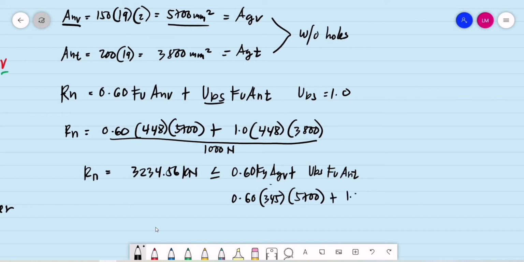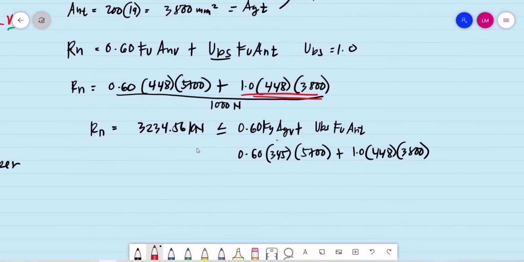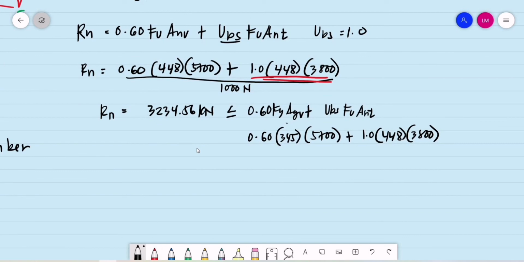Plus Ubs 1.0 Fu 448 then multiplied by 3,800. Or maybe we can just say that we copy this second term. Okay. So this is the computed Rn a while ago, 3234.56 kilonewtons. Is it less than or equal to this value?